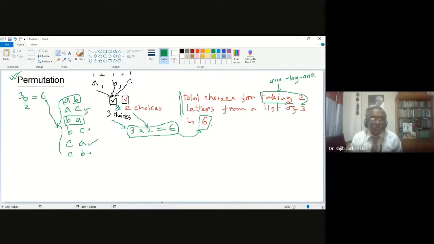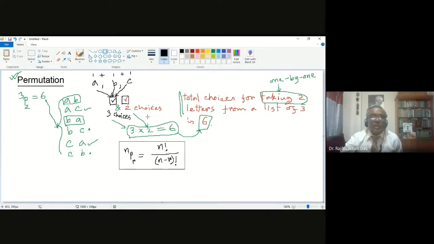Okay, let me write the formula now. What is the formula? NPR is equal to factorial N divided by factorial of N minus R. This is the NPR formula, the formula for permutation, and you can just memorize this.